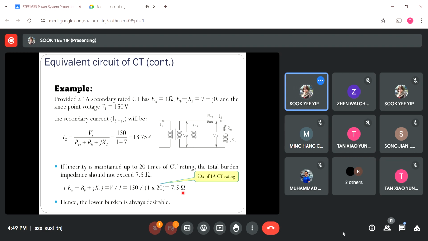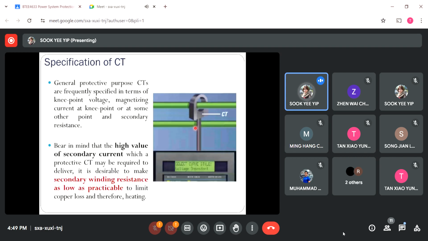Are you okay? So from here you can see how the burden affects whether the current transformer is able to work correctly or not. So now let's move on to the next slide.